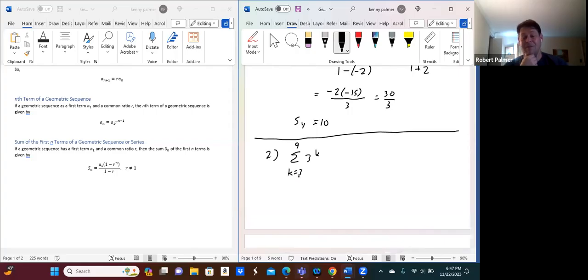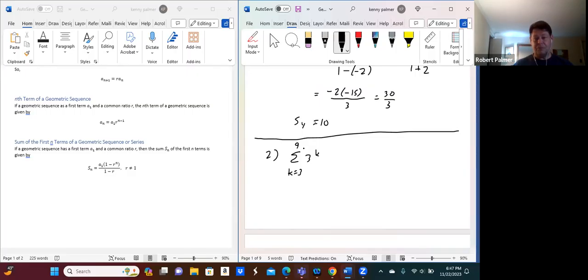This time we're using a k instead of an i, but that doesn't matter. Once again, this means we're adding these terms up. So we start with k, this time at 3, which is a bit different. We plug in 3 for k, and add that to the next number. Then k becomes 4, and so forth, becomes 3 to the fourth, and so forth, until we get to 9.